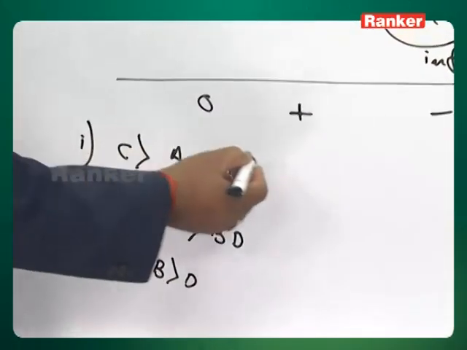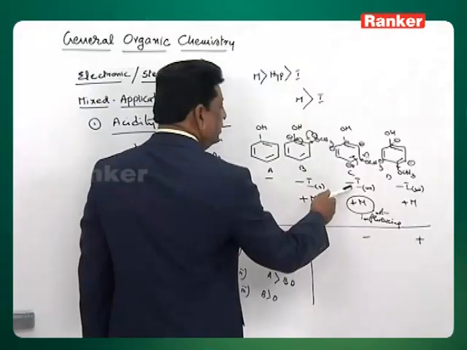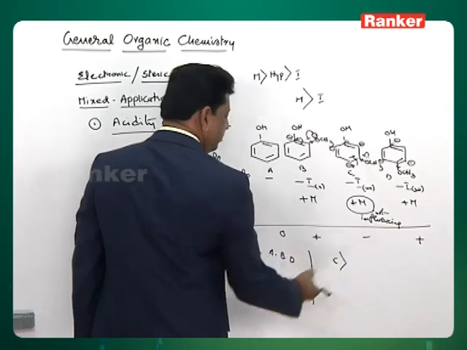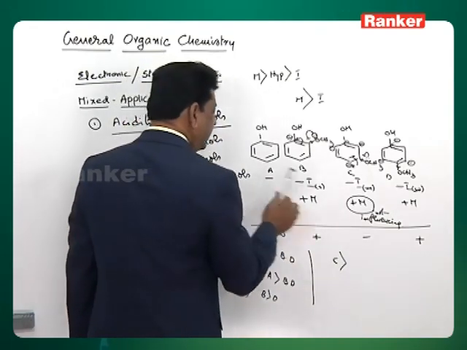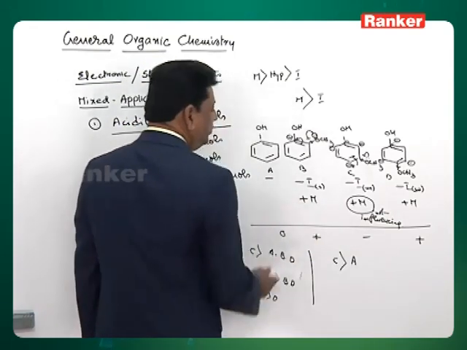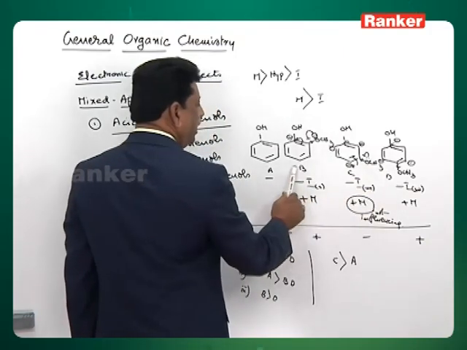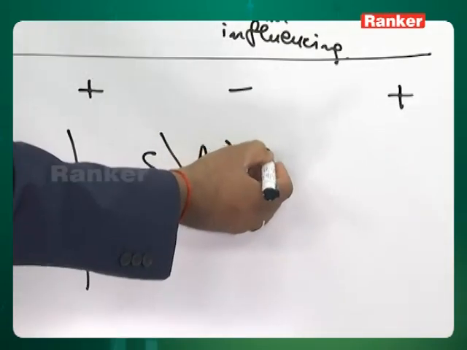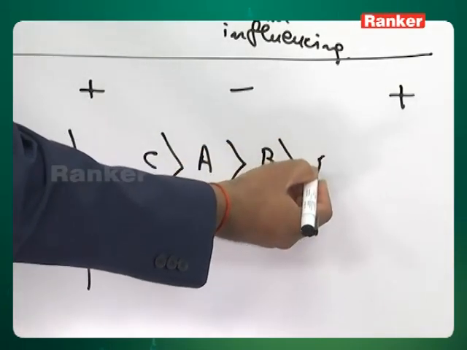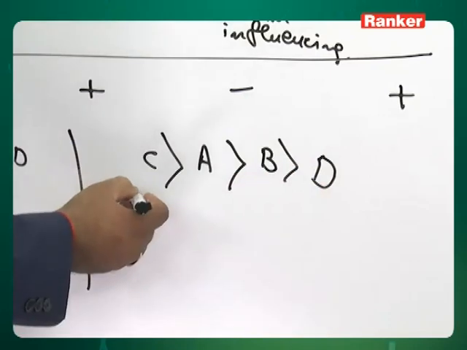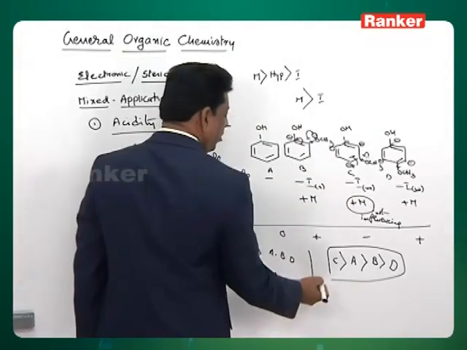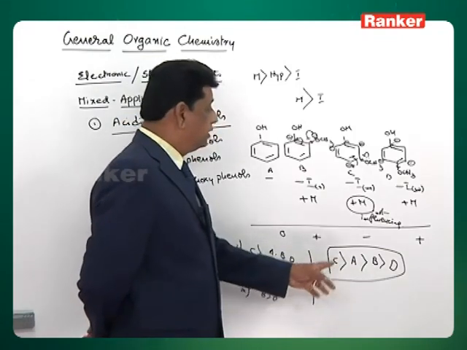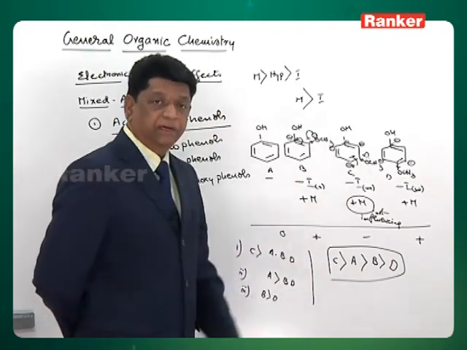So the final order is this. Metamethoxy, C, is the strongest, over A, the ordinary phenol, over these two, ortho and para. Out of ortho and para, ortho is stronger than para. Para is D. So this is the final order, with the ordinary phenol in the center. Metamethoxy phenol happens to be the strongest acid.